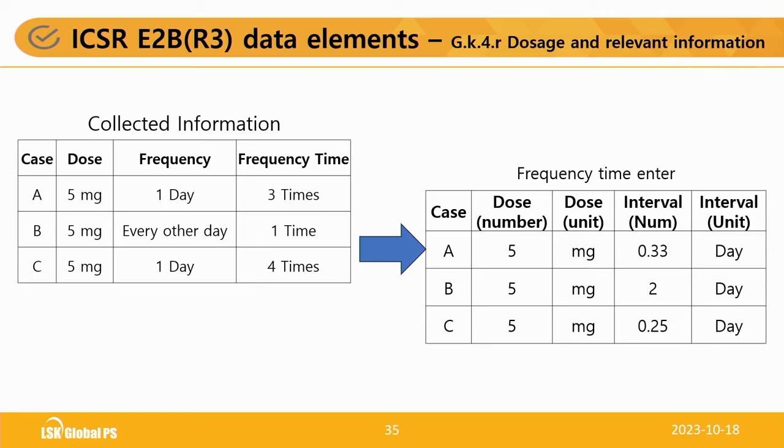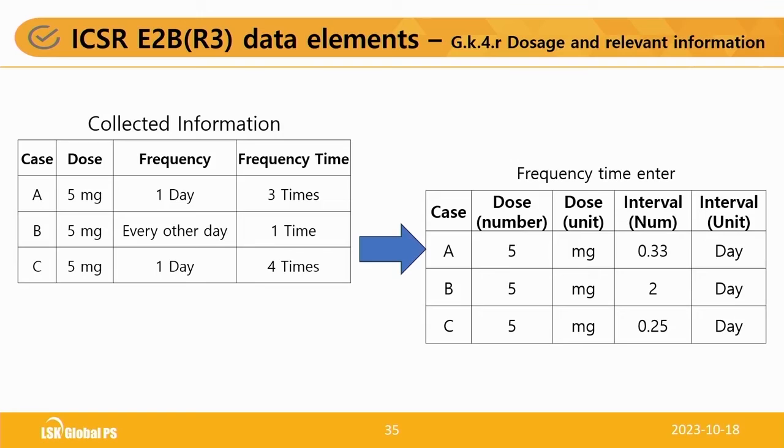So we would enter in dose 5 and unit mg. And interval, we would divide the 1 day by 3 doses. So we come to 0.33.